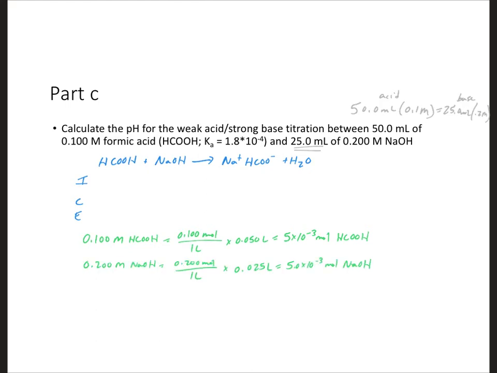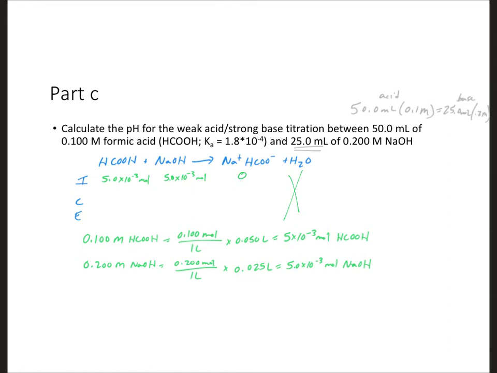So now we've calculated the number of moles of both, and so you see that those are in fact equivalent to each other. 5.0 times 10 to the minus 3 moles of acid, 5.0 times 10 to the minus 3 moles of our sodium hydroxide. And just like last time, because we started off with just the acid and then added in that sodium hydroxide, we have 0 of that conjugate base present, and that water is not going to contribute to our ice table.